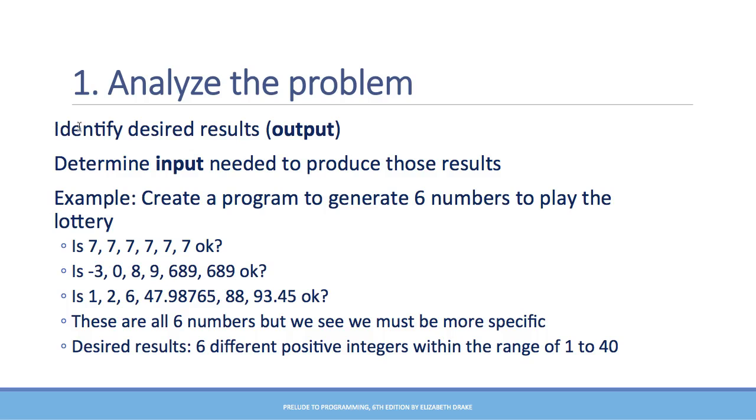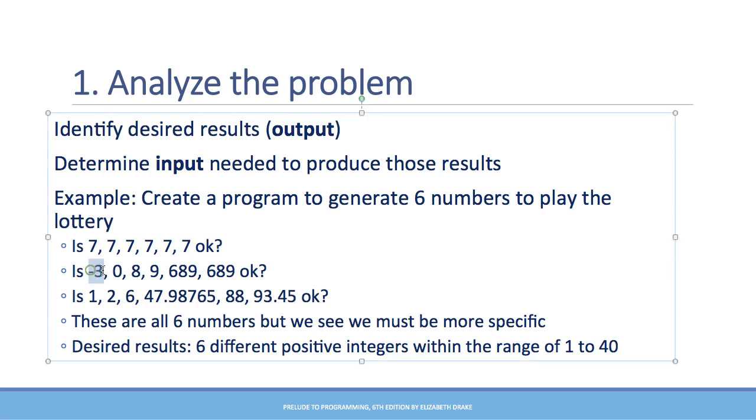So we have to identify the desired results. What is the output that we're looking for, right? Once we identify that, then we determine the input we need to produce those particular results. In your slide series here that we have, they create a program that will generate 6 numbers to play the lottery. Is all 7s okay? Probably not.